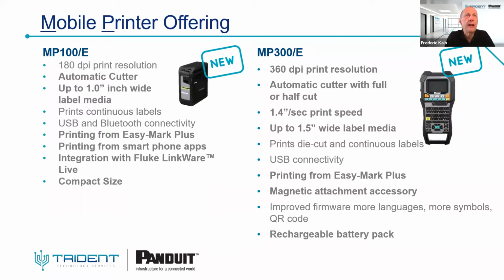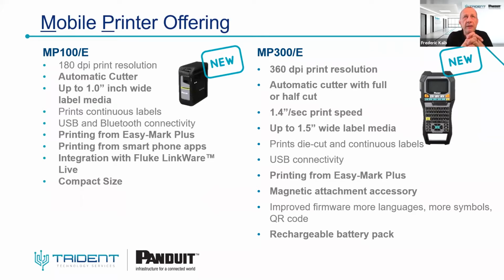So I will start with the one on the left, the MP100/E, a very small mobile printer. As you see on the screen, you don't have a keyboard on this printer. Why?